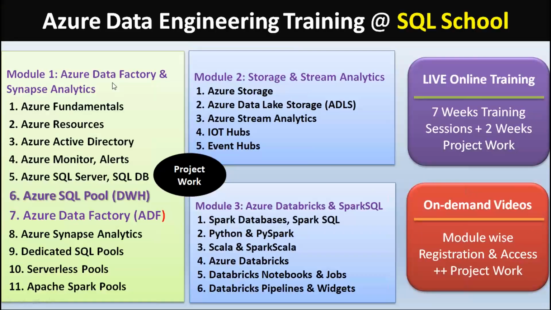And here it is. The entire 7 weeks data engineering journey is divided into 3 modules. Data Factory Synapse module, Storage and Stream Analytics module, and Databricks and Spark SQL module. And finally, we need to get all these modules integrated with one project.